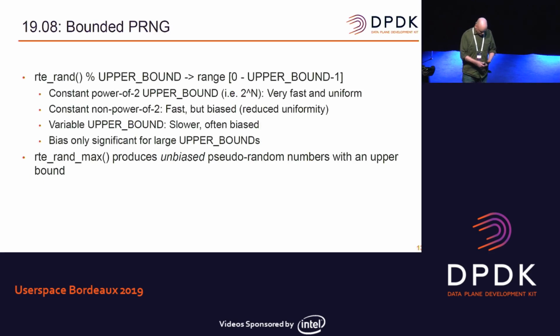So I think I have time to say a few words about bounded PRNG. Usually you don't want the full 64 bits. You have some upper bound for your random number. And a very common pattern is that you just do a modulo operation, and then you're good to go. And to be fair, it's a pretty good approach.